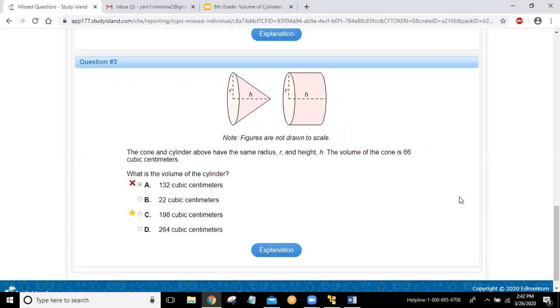Because if you look at the formula, cone is 1/3. 1/3 means that it is 3 times less. So if one thing is 3 times less, then the other is 3 times bigger, 3 times more. Just opposite. So you multiply with 3.